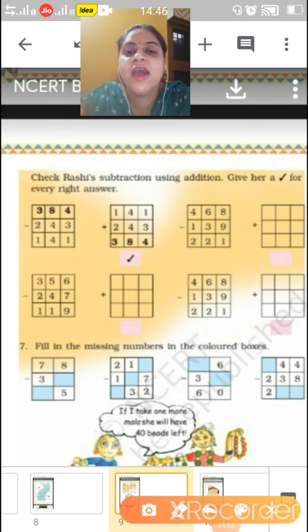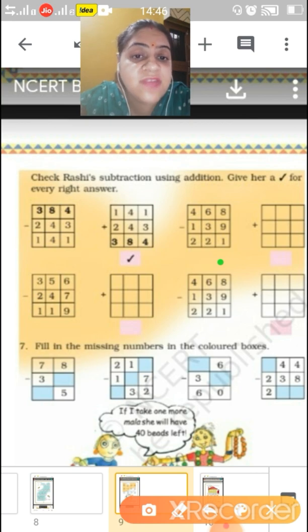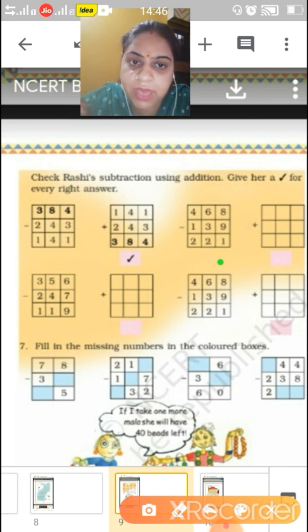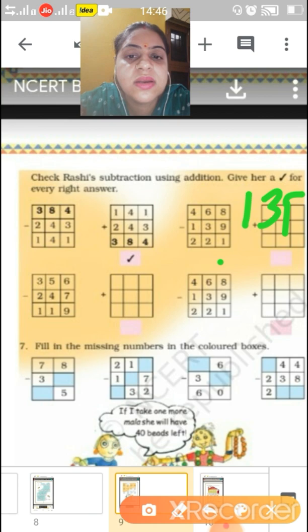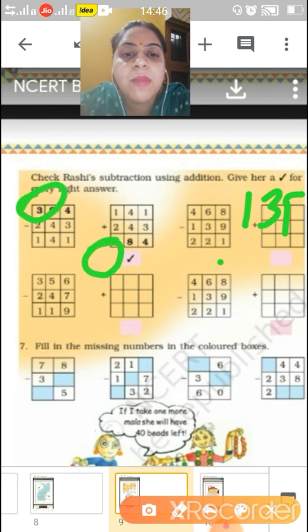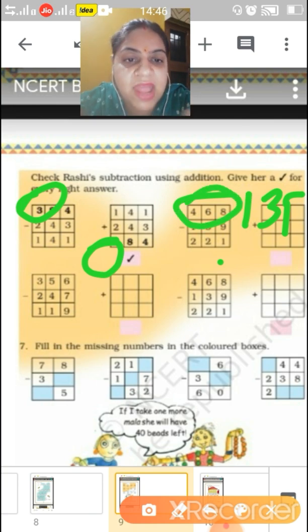Now in this we have to see whether they have written right or wrong. So children, this is wrong. When they are subtracting 18 minus 9, they have written 139, and this answer is matching, but this answer is not matching because they have done the subtraction wrong.